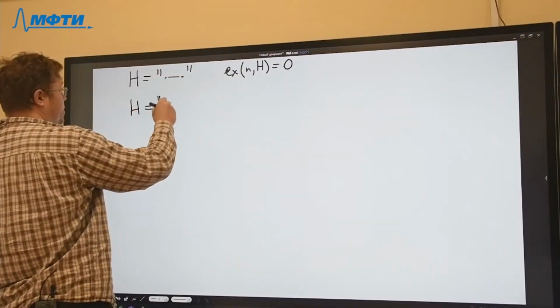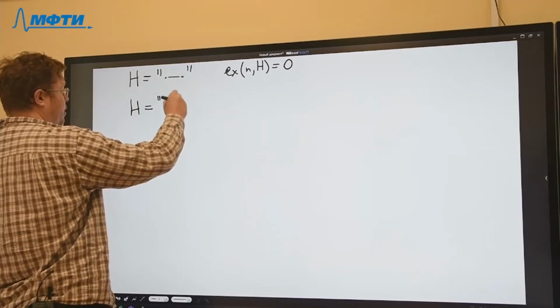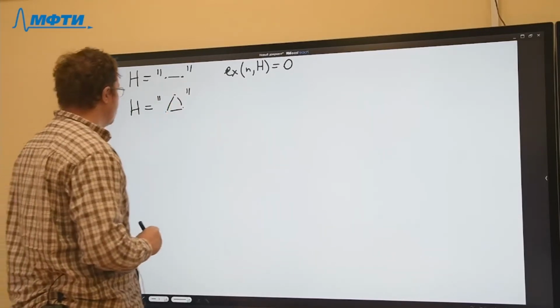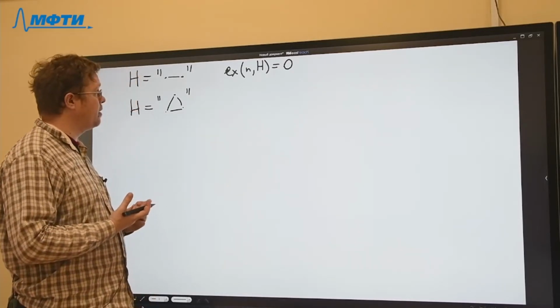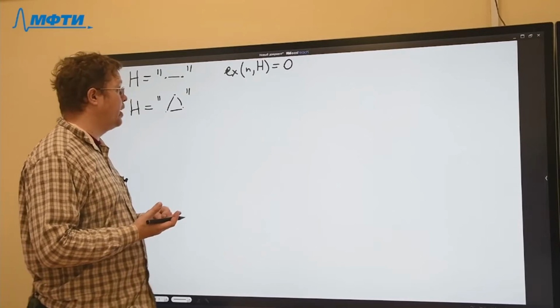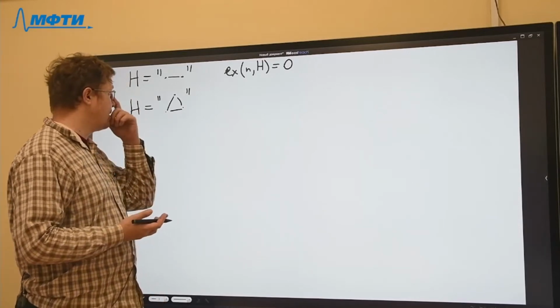Okay. So if you take the first non-trivial example, it will be the triangle. So I want to ask, what is the maximal number of edges a graph on n vertices can have such that it doesn't contain triangles.